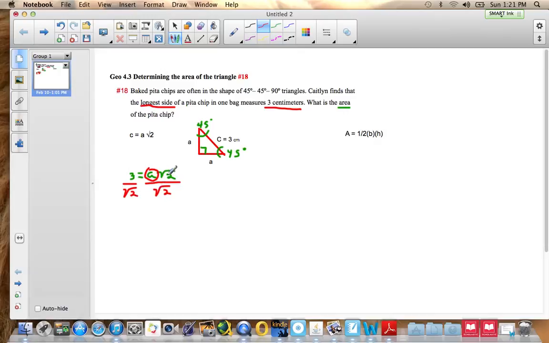Okay, now this allows for this to cancel out, leaving me with A, which is going to be equal to 3 over the square root of 2. And again, I can't have a square root on the bottom, so I'm going to use my form of 1.